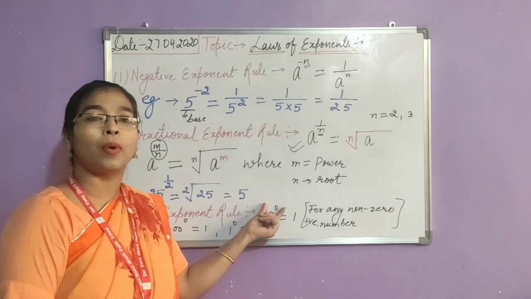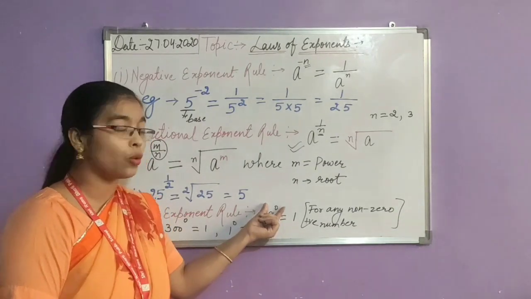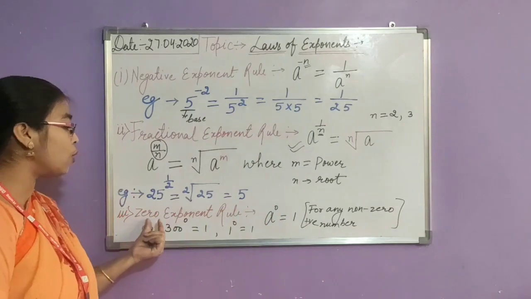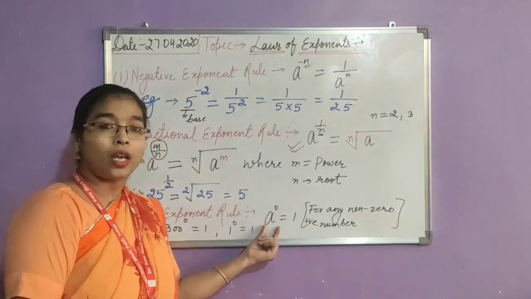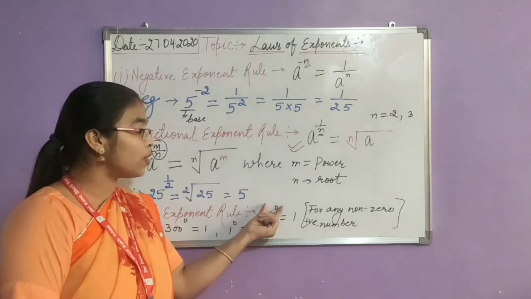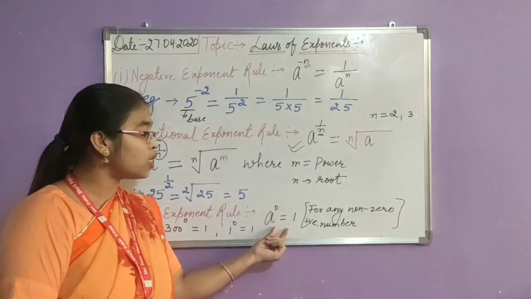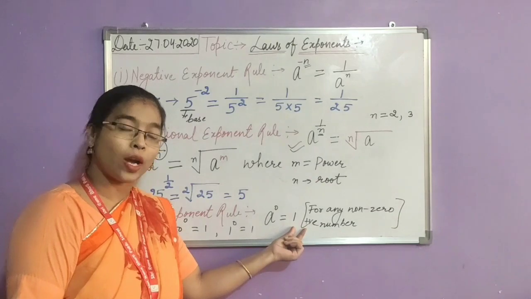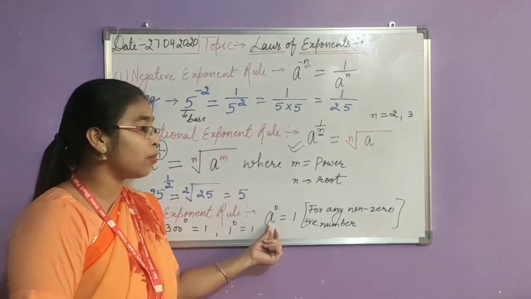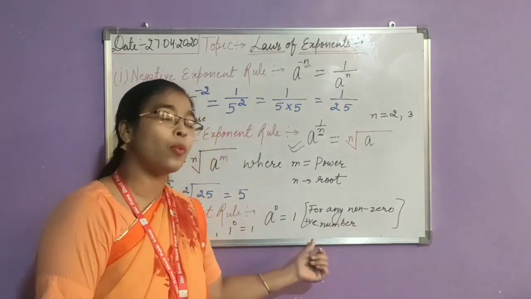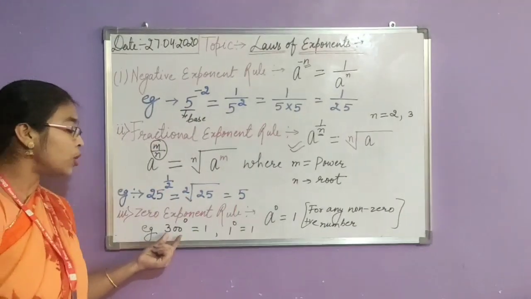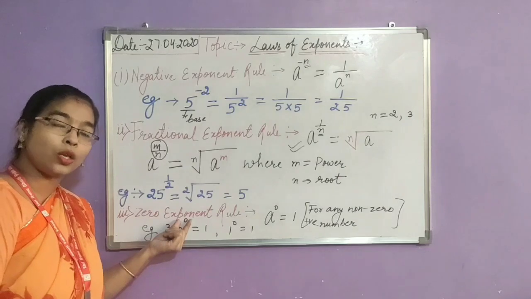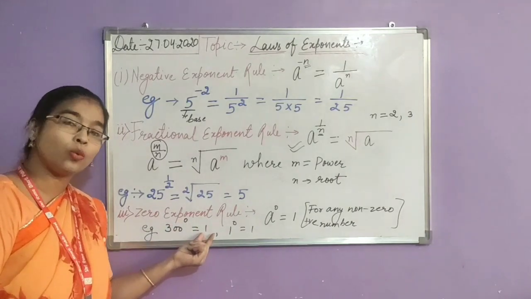In this rule, if a is the number whose power is 0, then its value is equal to 1, where a can be any non-zero number. See the example, 300 raised to the power 0, that is also equal to 1.